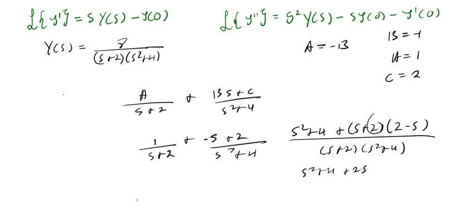Then this and this is 4, that will be plus 4. Then this and this is minus s squared. Then 2 times minus s is minus 2s. So in the numerator, this cancels with that one, this with this one. So yeah, it's correct.